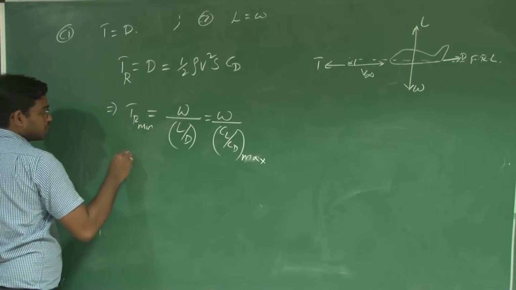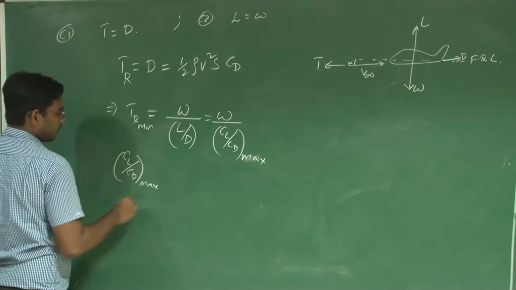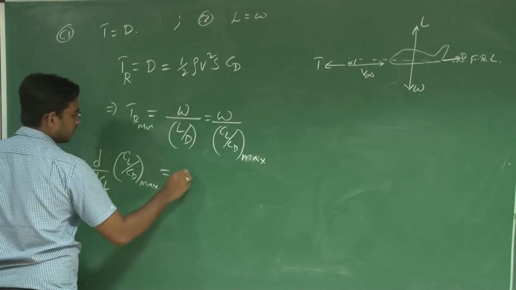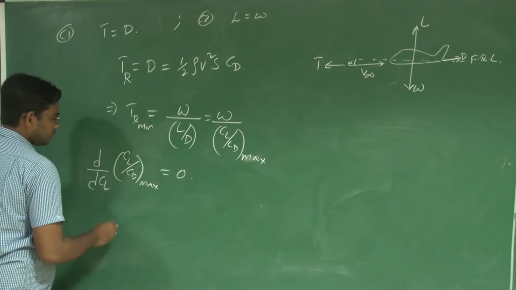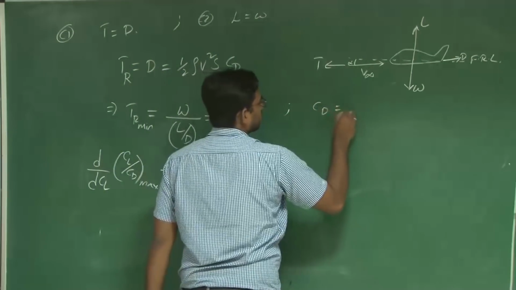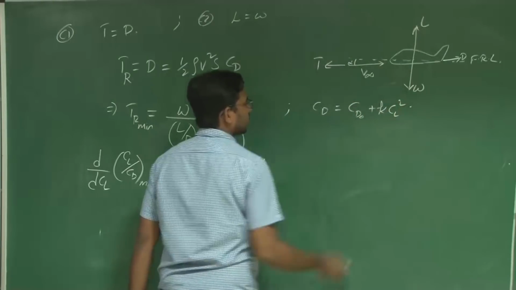So how can you get CL by CD maximum? Differentiate with respect to CL and equate it to 0. Why CL, why not CD? CD is a function of CL, so CL is the variable here. Where CD is equal to CD naught plus K into CL square.